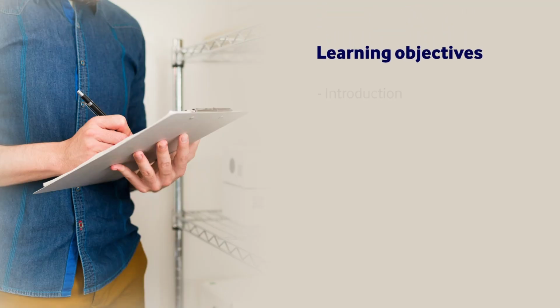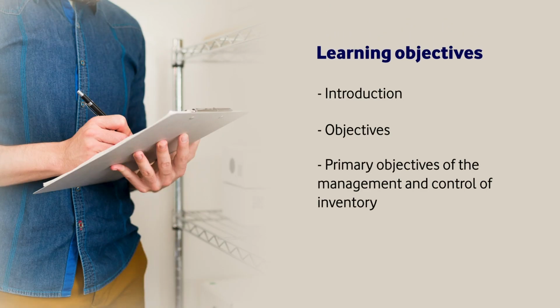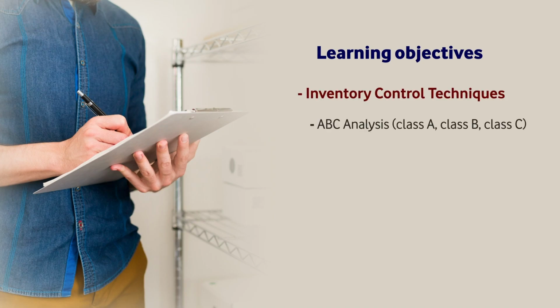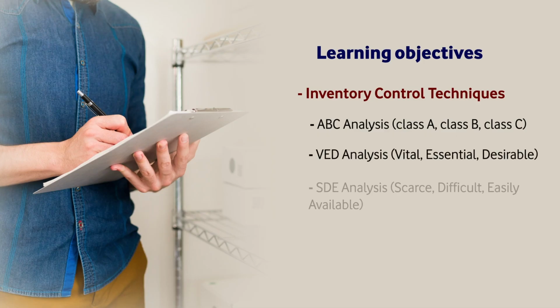In this chapter, the learning objectives are introduction, objectives, primary objectives of management and control of inventory, and inventory control system. There are various techniques: ABC technique, VED technique, SDE technique, HML technique. There are various techniques you will see later on.